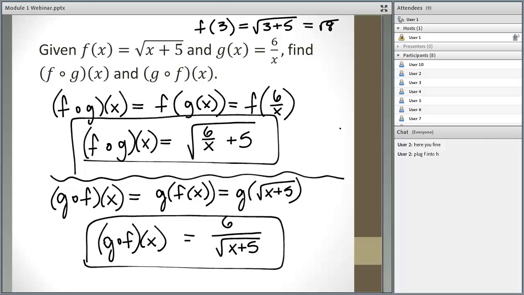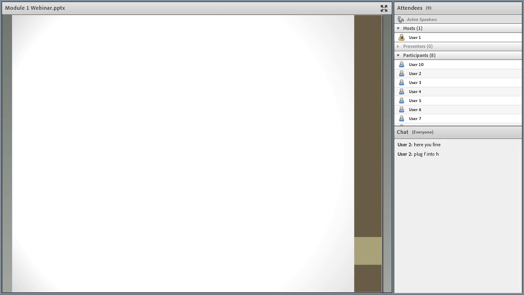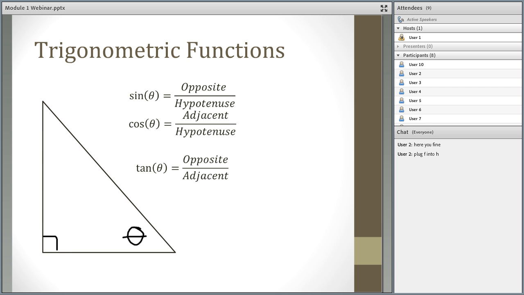All right, so let's move on. So this week there's quite a few topics. So we're going to try to cover all of the possible topics that we have this week. So trigonometric functions is one of our topics. So sine theta.